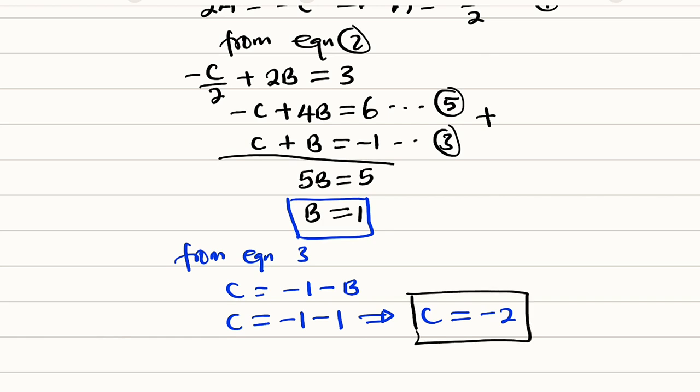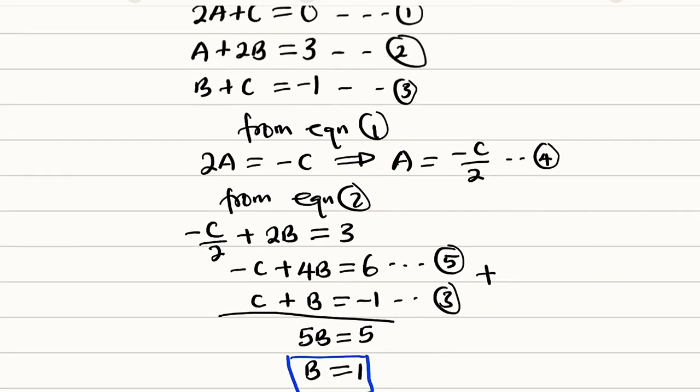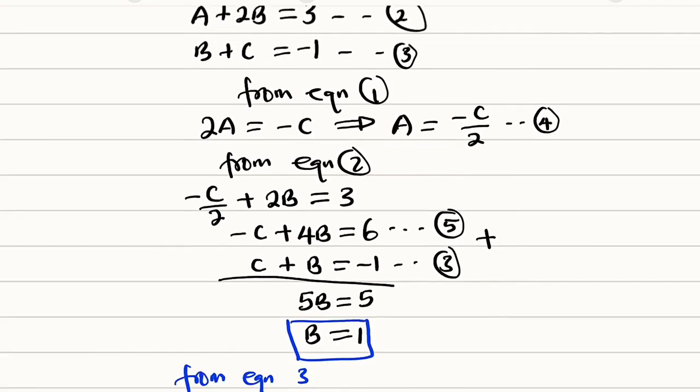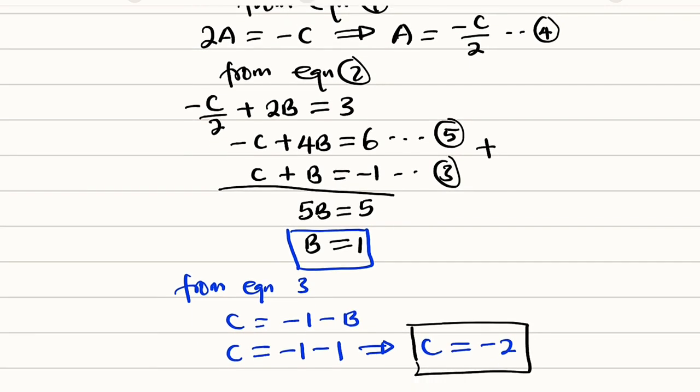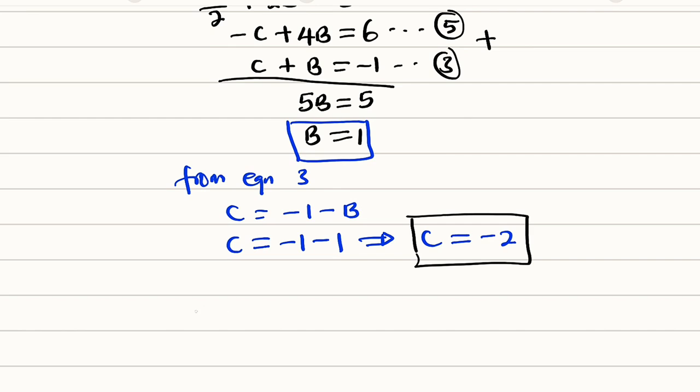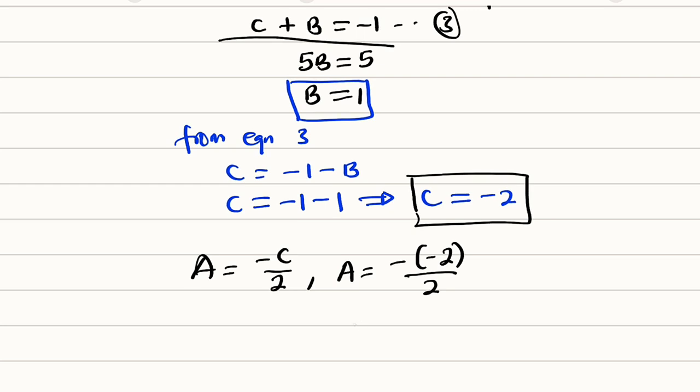And the last one we want to find is the value of a, which is -c divided by 2. You can see it right here. a is equal to -c divided by 2, but c is -2, so a will be equal to -2 divided by 2, and finally a is equal to 1.